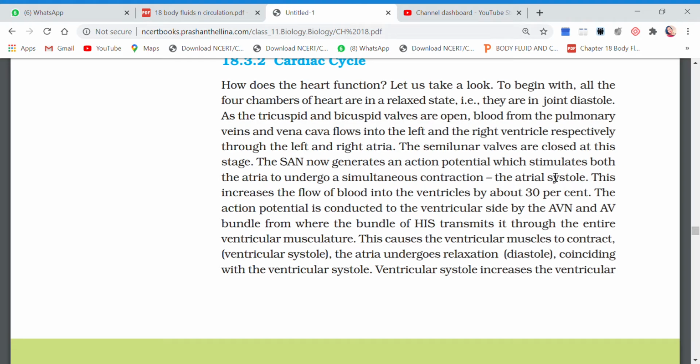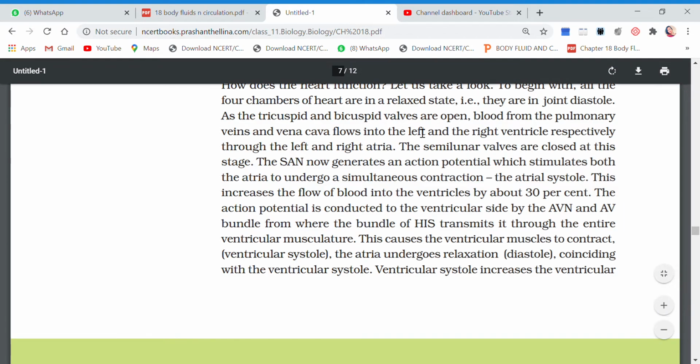Due to the contraction of the auricles, what will happen? This increases the flow of blood. The blood was already entering the ventricles. We started from here, that the blood is entering the ventricles. But because of the contraction of the auricles, the flow of blood into the ventricles is increased.